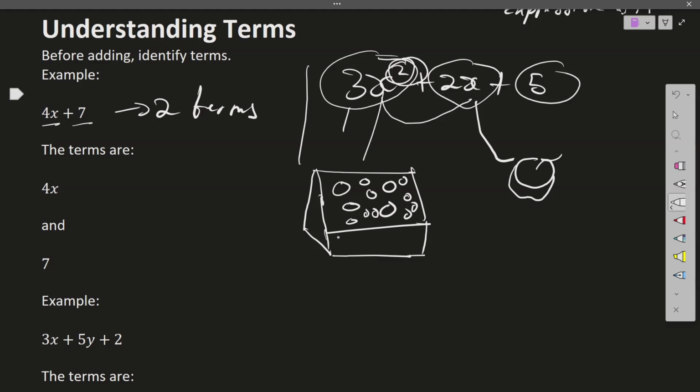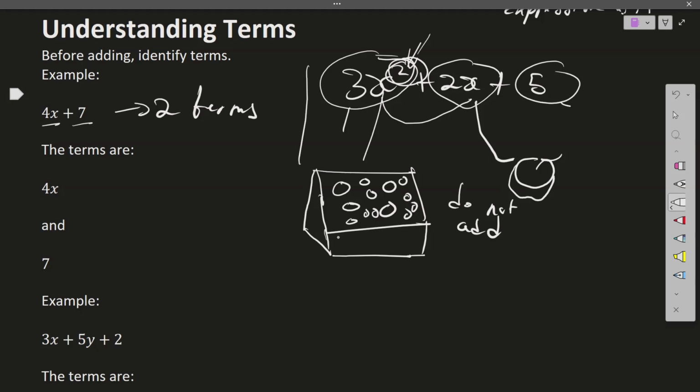And so these two right here, they do not add. Although they are the same fruits, they do not add due to this exponent right here. We introduced this in our previous video. So yes, we have three terms, right?